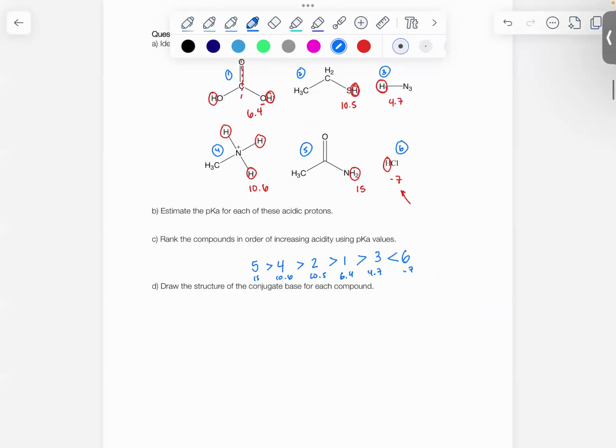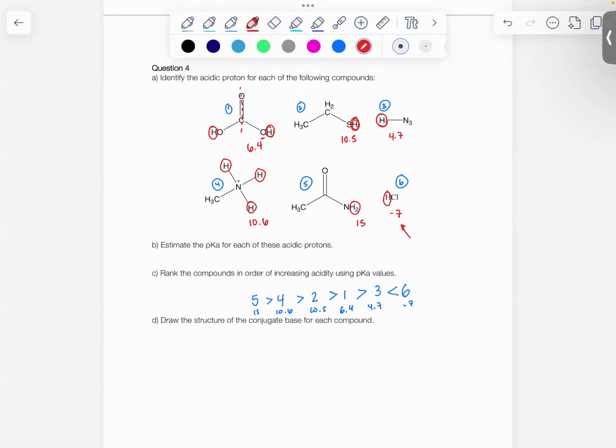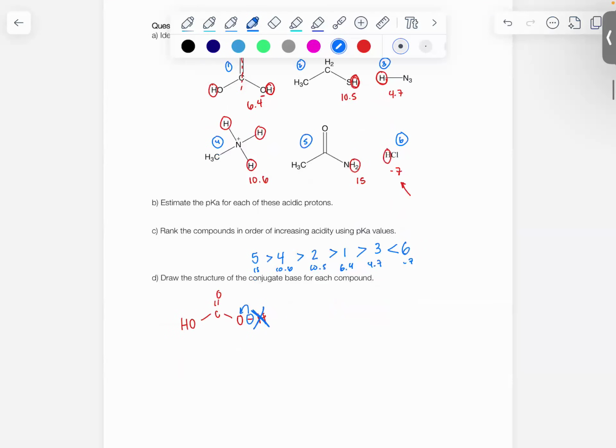So now we can draw the conjugate base. Now, conjugate base is just what has happened after that proton has been lost. So with our first one, we have this original structure. If our proton is removed, these electrons have to go somewhere. They'll go back to our oxygen.